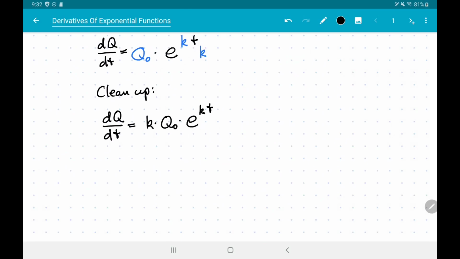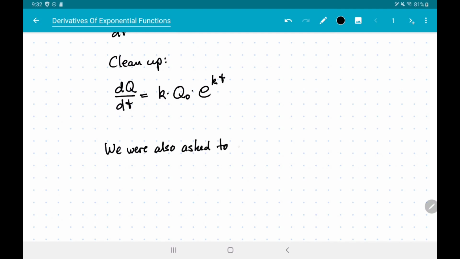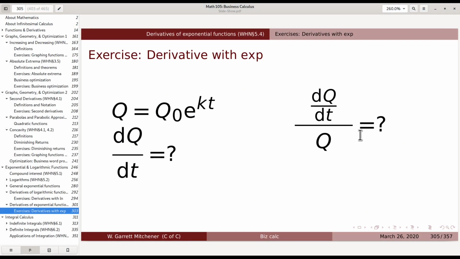Now, we were also asked to compute derivative of q with respect to t and then divide it by q. So if you're looking at the slideshow, that's this part over here. We were asked to look at that.